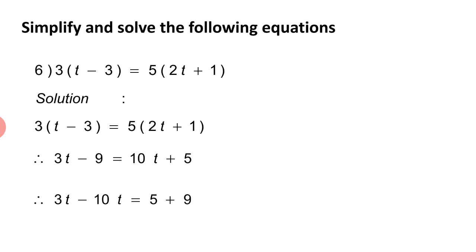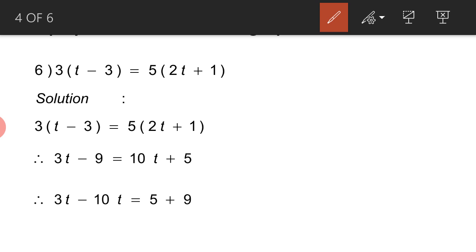Again this particular step is very important. As we are transposing 10t, we try to replace the 10t place by 9. You should not do that. You should first write 5 and then only the number which is transposed.